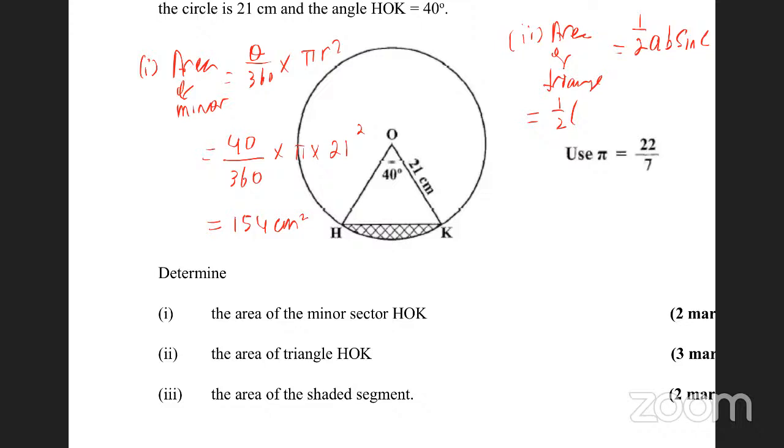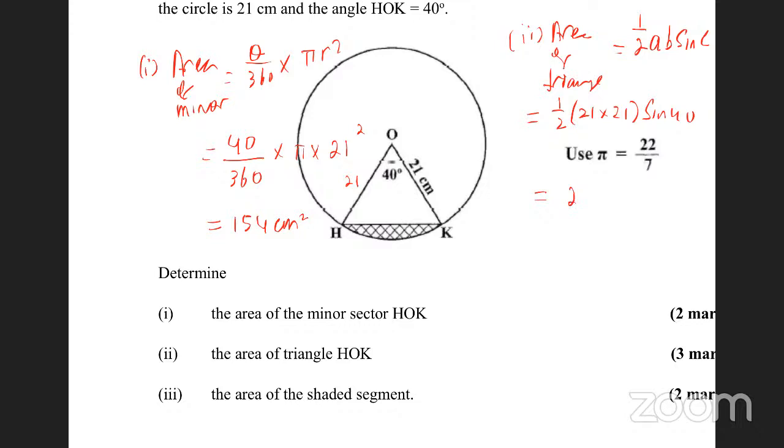One side is 21, so the next side is what? 21, right? So it's half by 21 by 21 by sine 40. Okay? Because remember, there's a radius. This is also a radius. All right? How much is that?